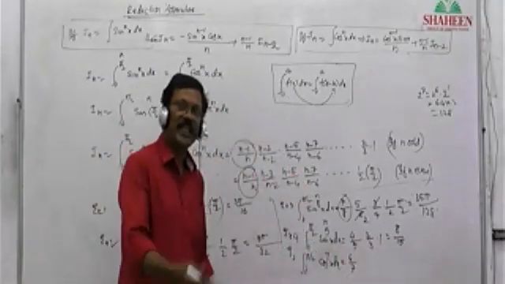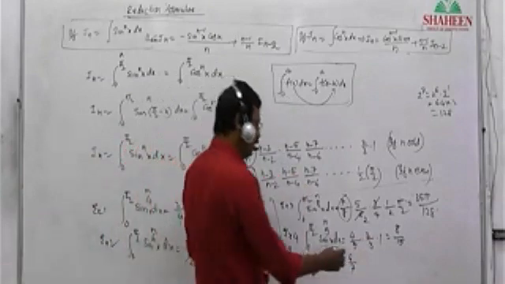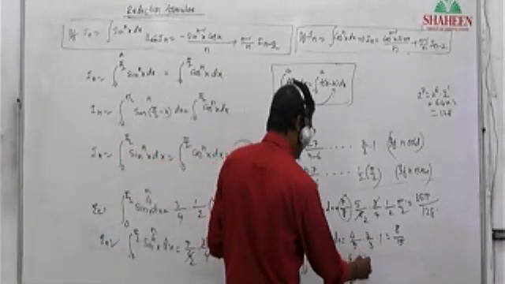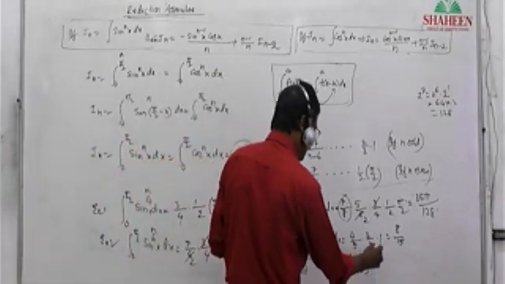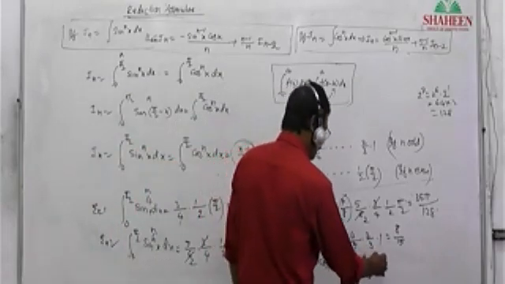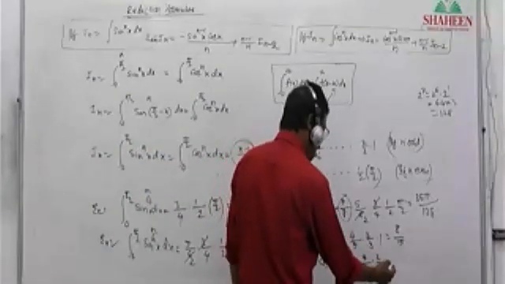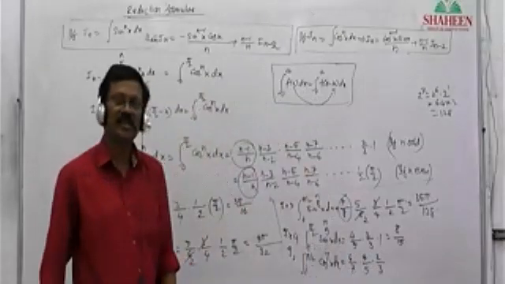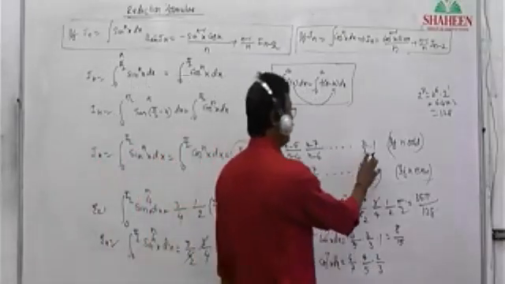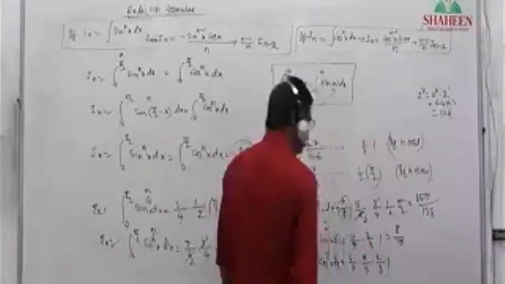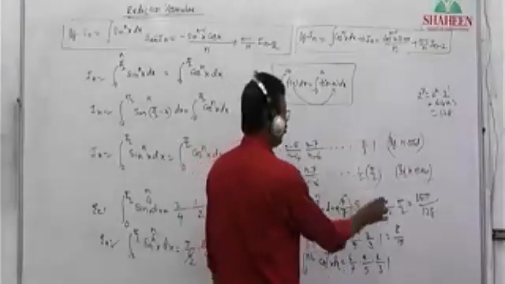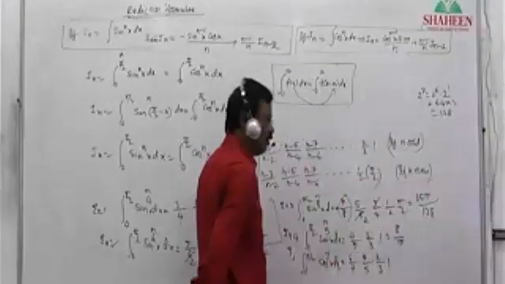Go on writing with a difference of 2: 6 minus 2 is 4, 7 minus 2 is 5, 4 minus 2 is 2, 5 minus 2 is 3. You got 2 by 3 at the last. Don't write pi by 2, just write 1. Only if 1 by 2 comes, write pi by 2.